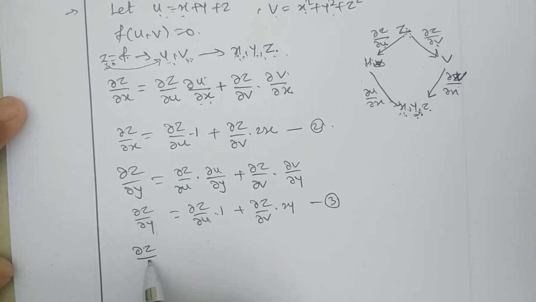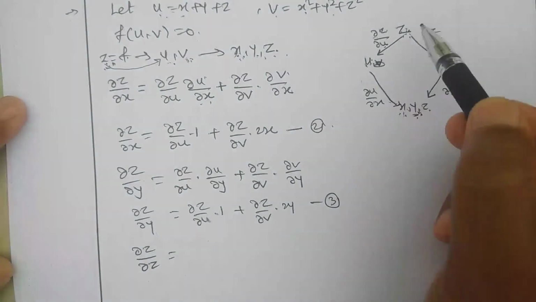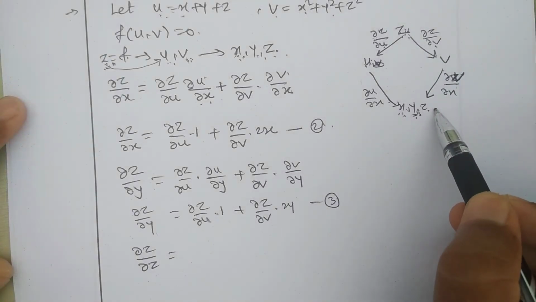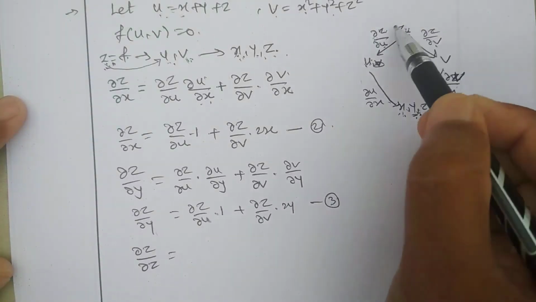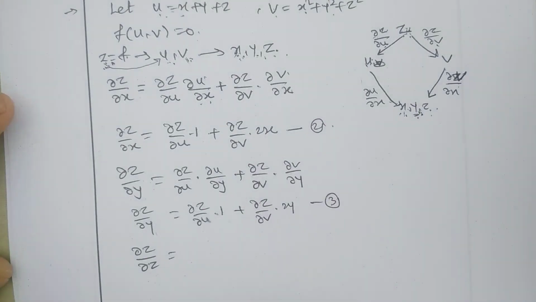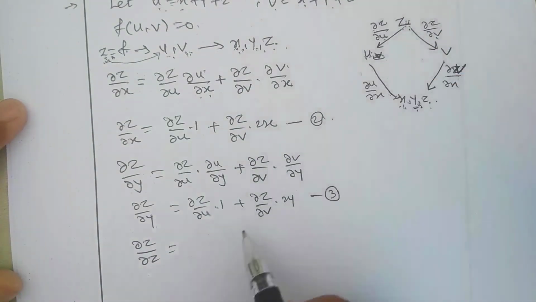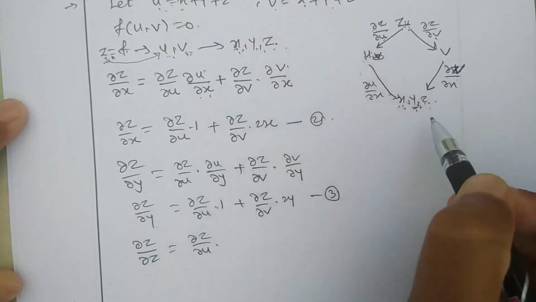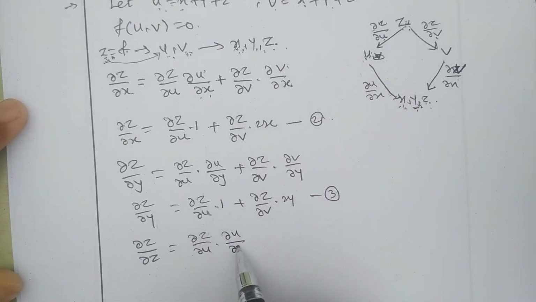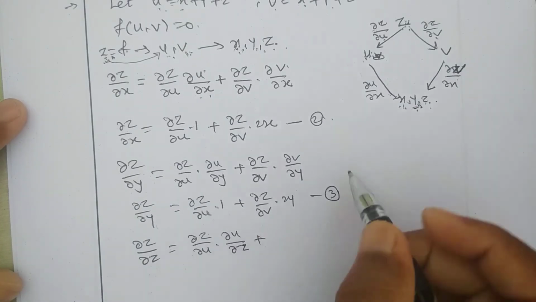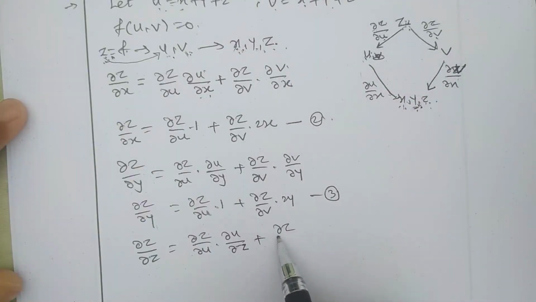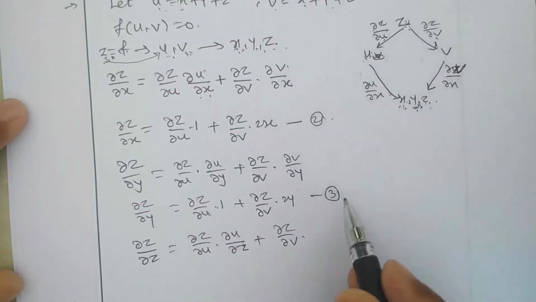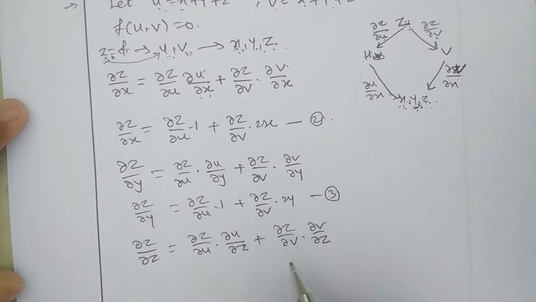Similarly we can also calculate ∂z/∂z, that means z is also a function of z. So derivative of z with respect to z, again two ways. So how to write the formula? ∂z/∂u into u to z, that means ∂u/∂z, plus this way ∂z/∂v into v to z, ∂v/∂z.